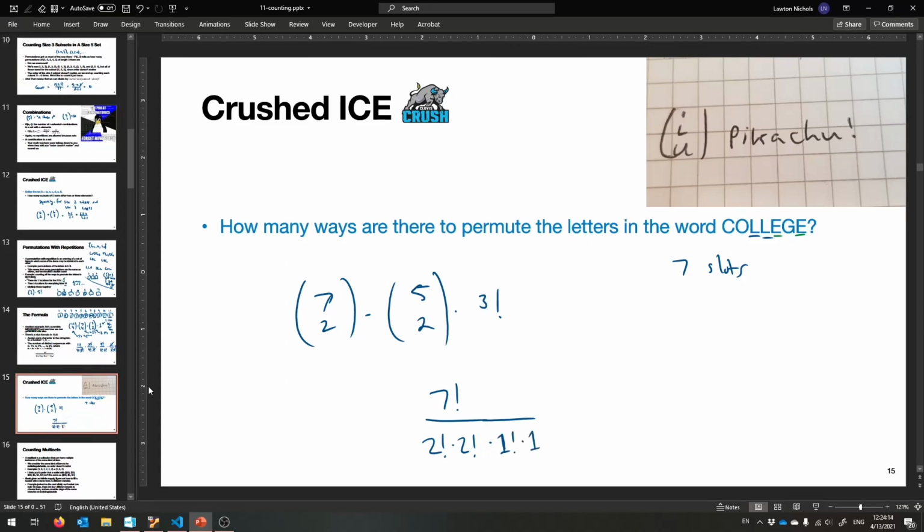Let's just write them out just for fun. And so that ends up being equal to that, is what I'm trying to say. Okay, so that's how that'll work, and that is the answer.